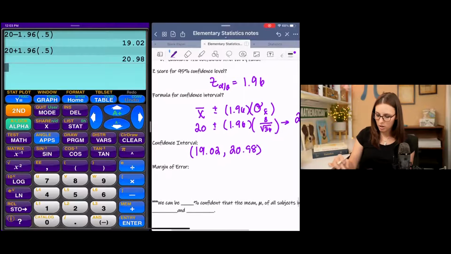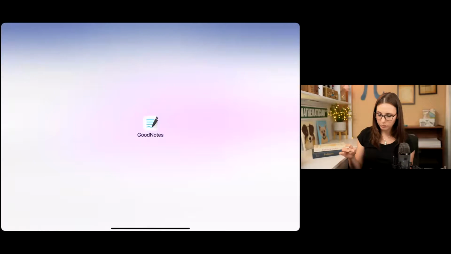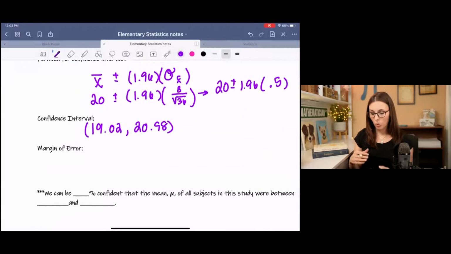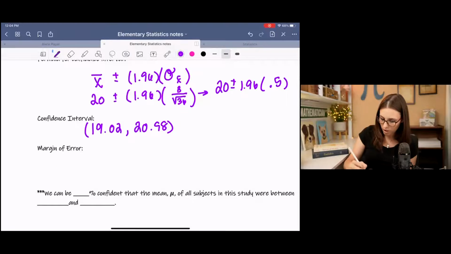And it wants to know next what the margin of error is. Well, what I have is this interval, which provides these endpoints. And what I know is that the center is 20. So if you can envision a number line here, we've got 20 in the center.